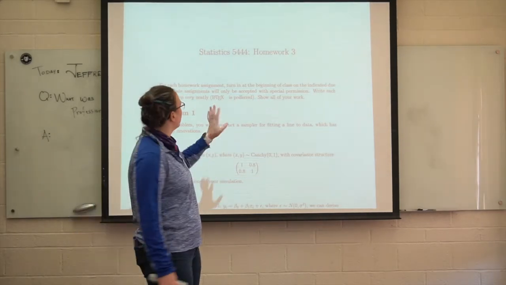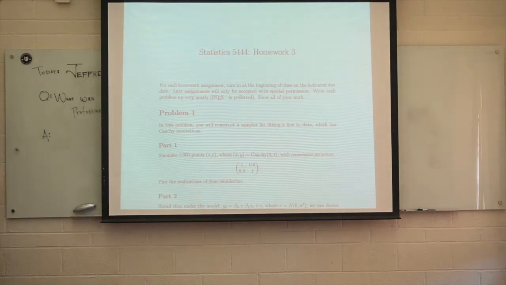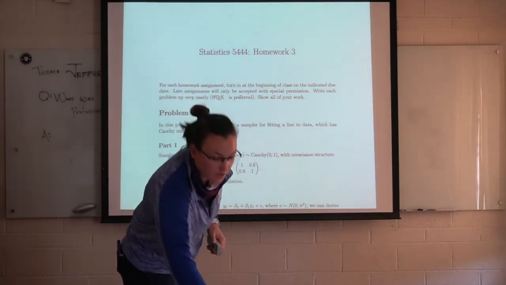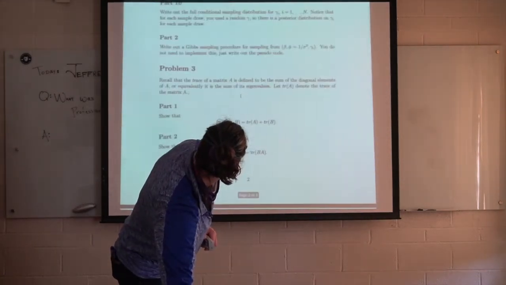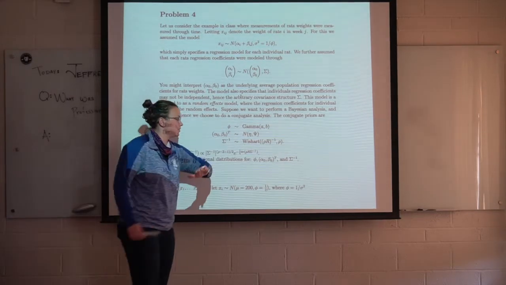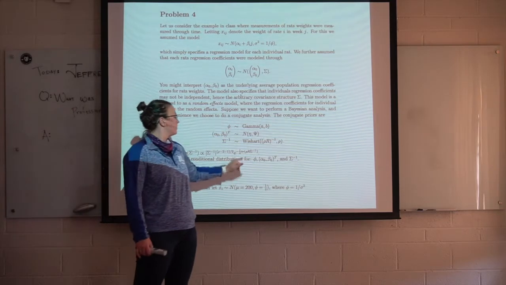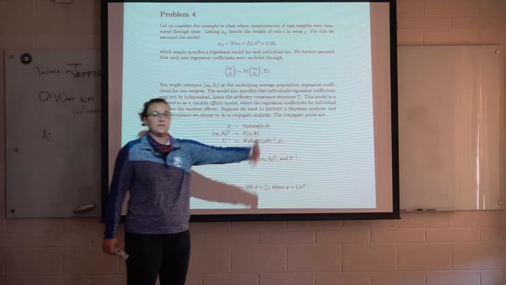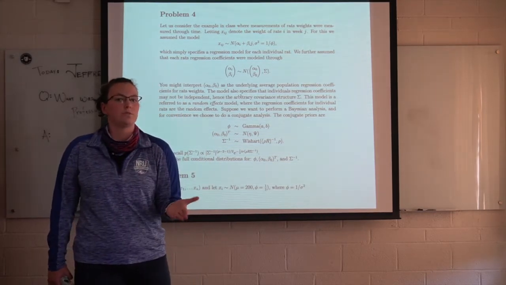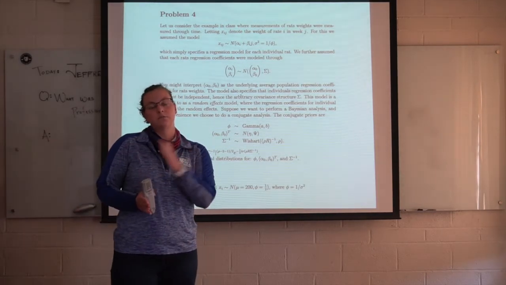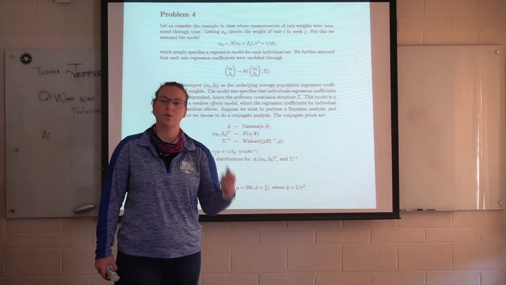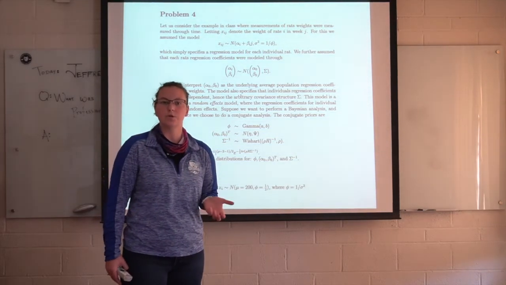Before we do that, I want to quickly discuss homework 3. There are two problems that deal with the Wishart. If we scroll down to problem 4, we can see we have a Wishart distribution here, and we're going to try and find the full conditional of sigma inverse, or the precision. Right now, we don't know what the Wishart distribution is, and at the end of next class and Friday, Dr. Lehman is going to be talking to us about the Wishart and inverse Wishart distributions.